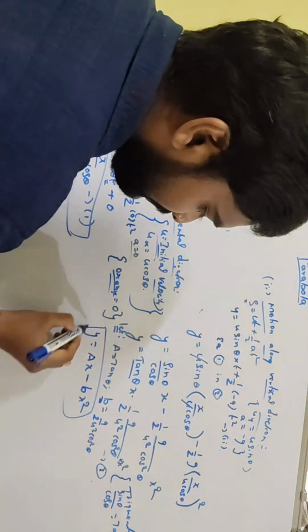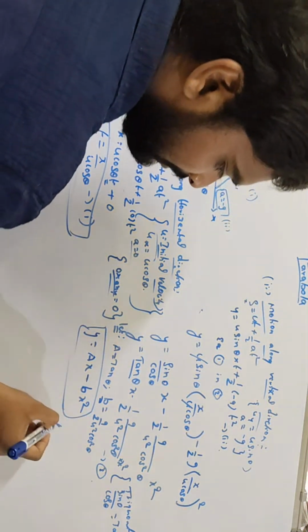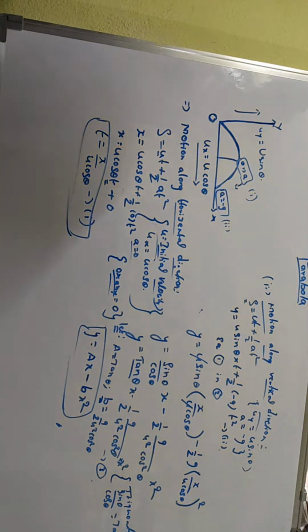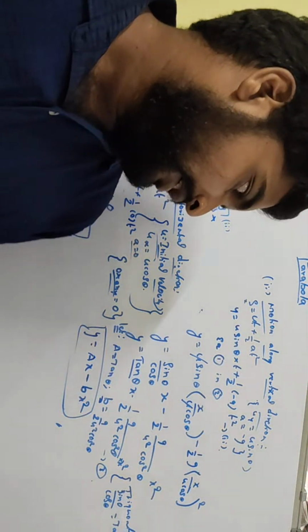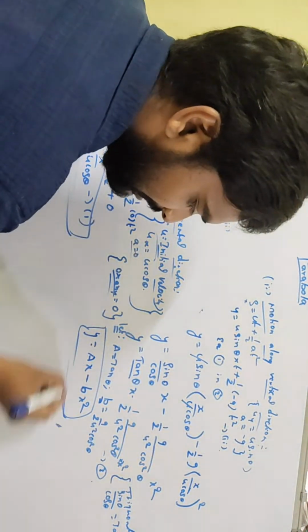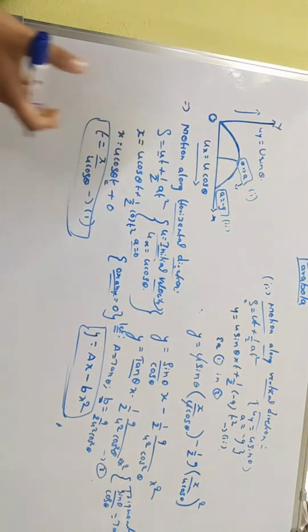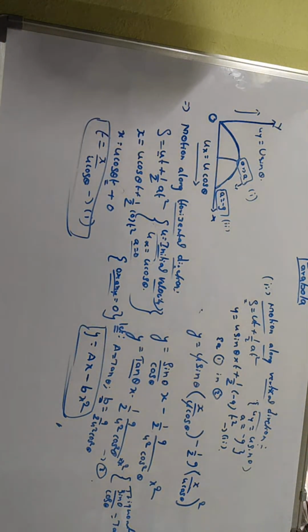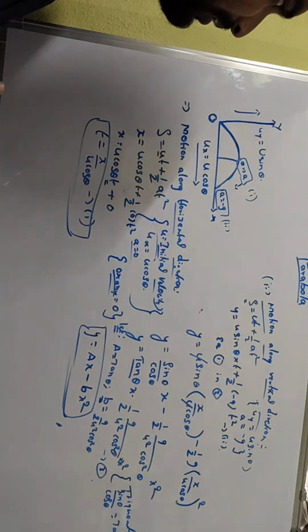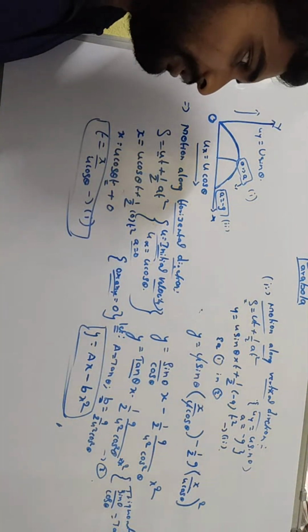So finally, whenever an object is projected at a certain angle, its trajectory is a parabola. So this is the finding of a full question regarding the parabola and motion in a plane. This is one of the important questions in public examinations.